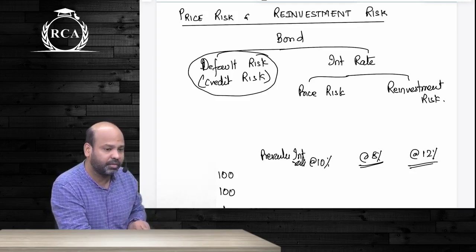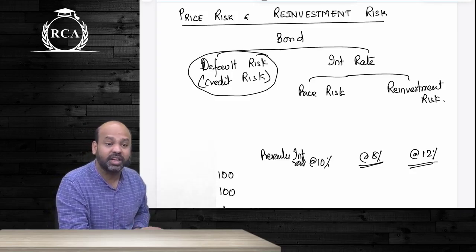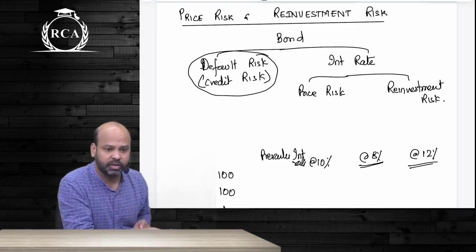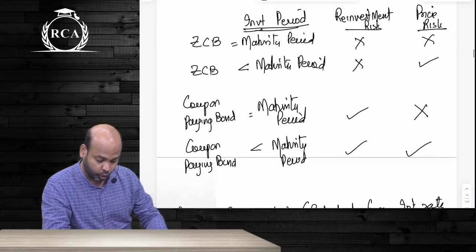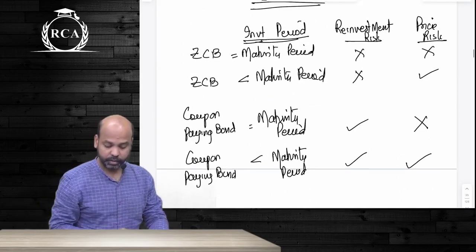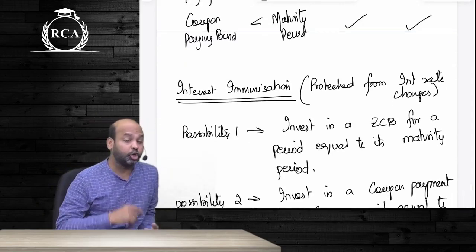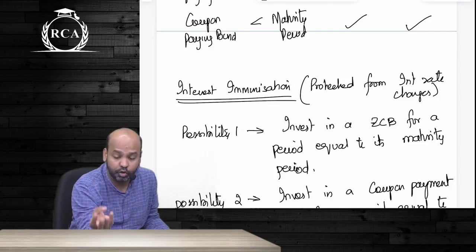This is where, beta, we spoke about immunization. You can protect against interest rate risk. First possibility that I told you, beta, was to invest in a zero coupon bond. I said there are two options, guys. If you invest in a zero coupon bond and you are holding that zero coupon bond till the maturity date, you do not have to worry about price risk.